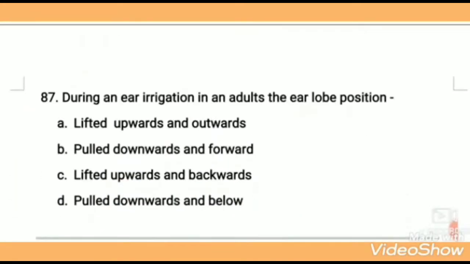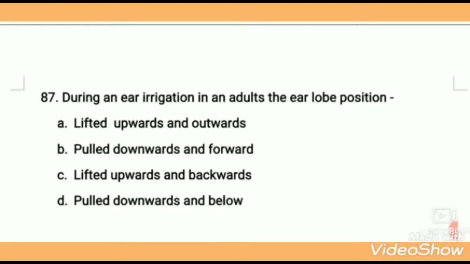Next question. During an ear irrigation in an adult, the earlobe position: lifted upwards and outwards, pulled downwards and forward, lifted upwards and backwards, pulled downwards and below.